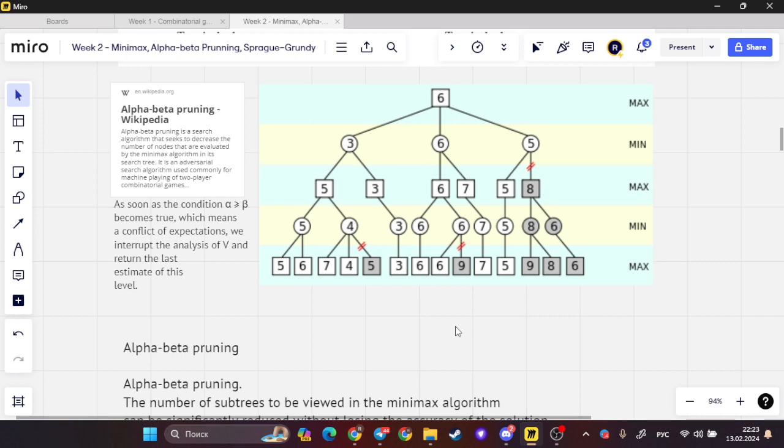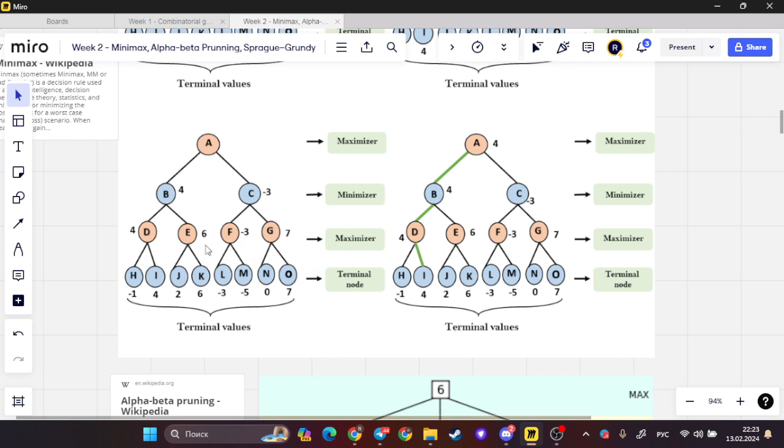For example, we have already calculated this subgraph.